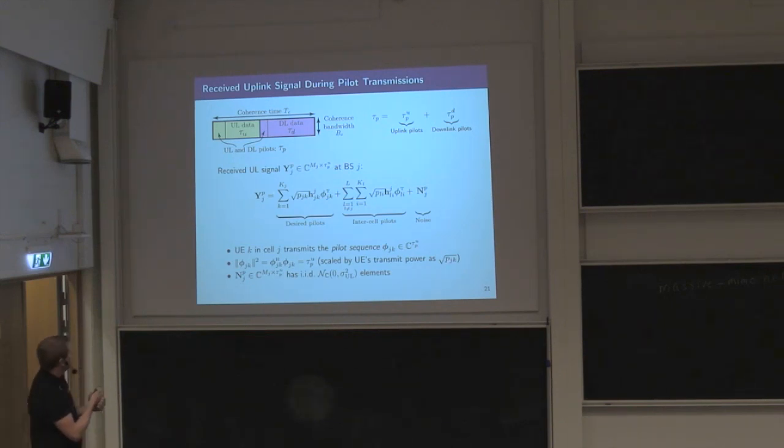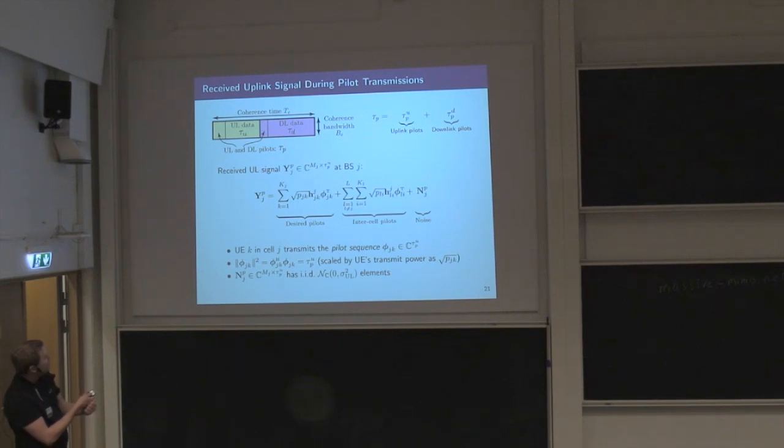That means that as a base station, I'm receiving over my channel a sum over all my users. Here is the channel of the kth user in my cell, here is its pilot sequence, and here is the power that it is using. Similarly, from all the other cells, some of their interfering users: here are their channels to my base station in cell j, here is their power, here is their pilot sequence.